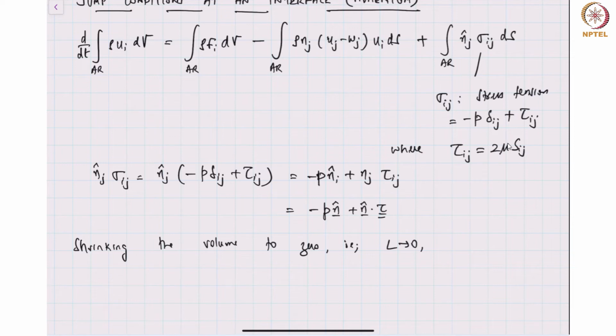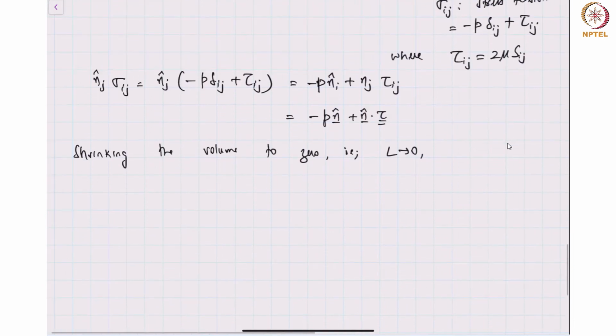All the volume integrals will disappear. So the left hand side, a volume integral, will disappear. The body force term also disappears because the volume enclosed is practically 0. Now we only have the surface forces. So the left hand side is 0, and the body force term on the right hand side is 0.